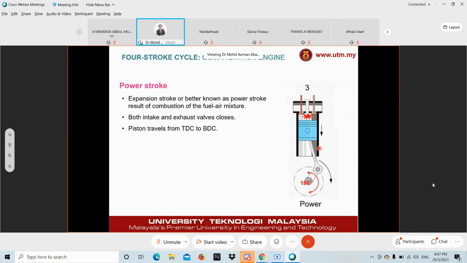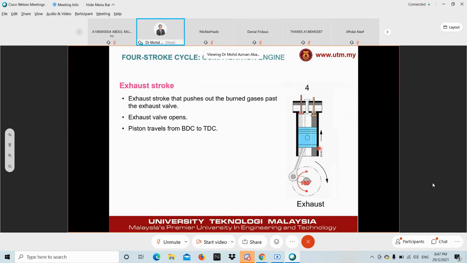This is when the power starts to be transferred from the force acting on the piston to the conrod, to the crankshaft, to the flywheel, to your gearbox or transmission, to your drive shaft, and lastly to your wheels. Okay. Lastly, the last stroke, which is the exhaust stroke, is the same thing.